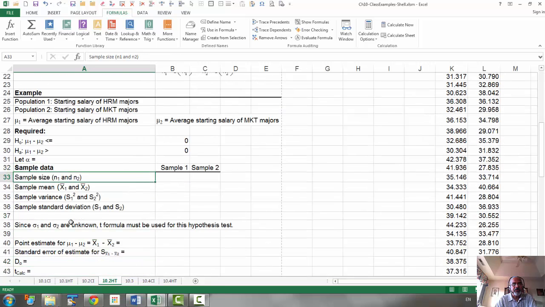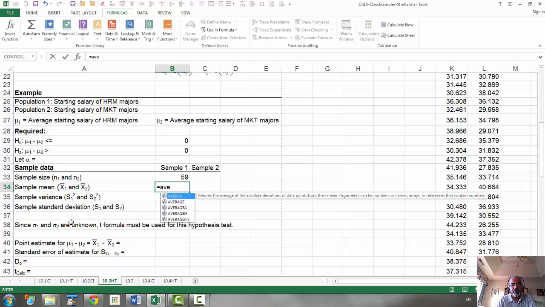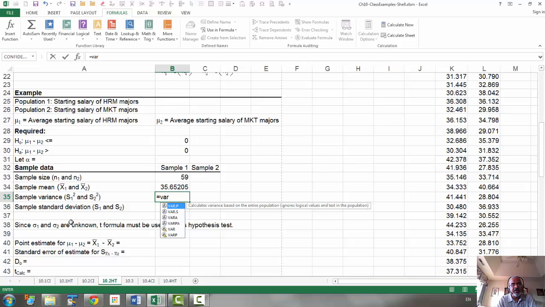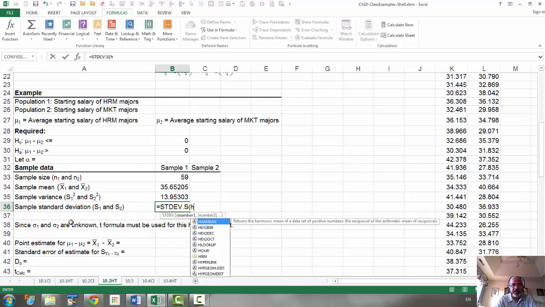Now this is count HRM and average HRM. Then variance is VAR.S. Sample variance is what we want, not population variance. And STDEV.S, that's our standard deviation.